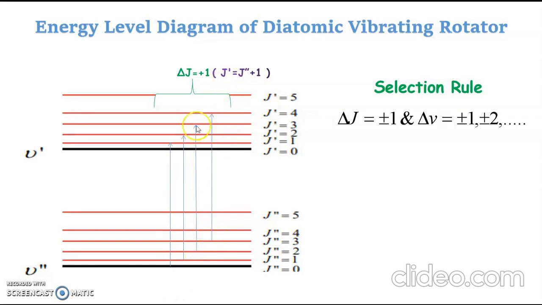Is it? J prime 1 means J double prime 0 plus 1. Okay. And it will be useful for our next calculations.